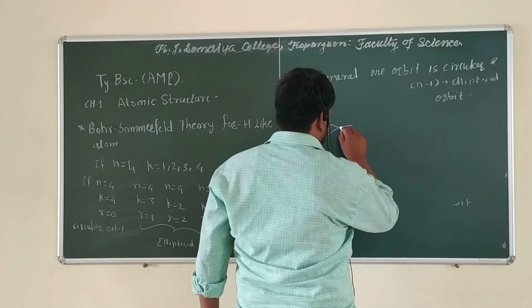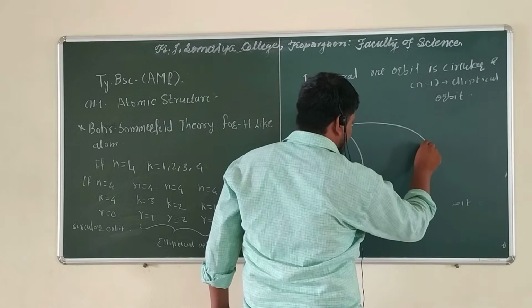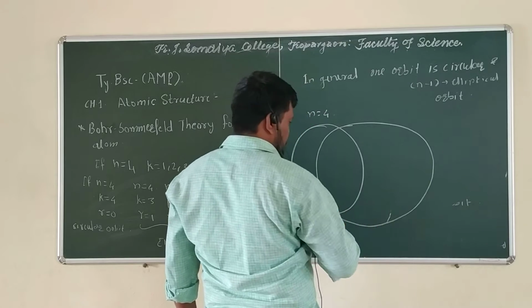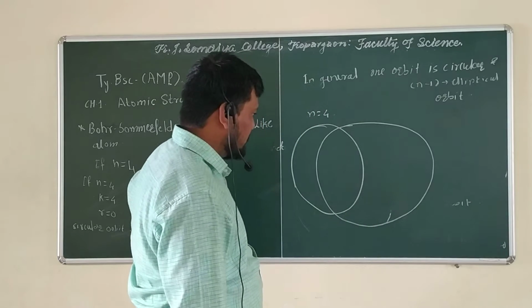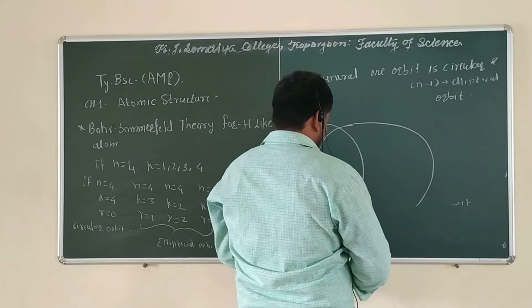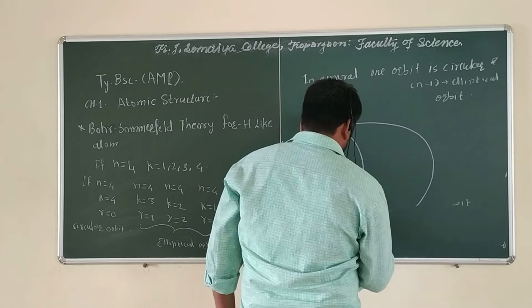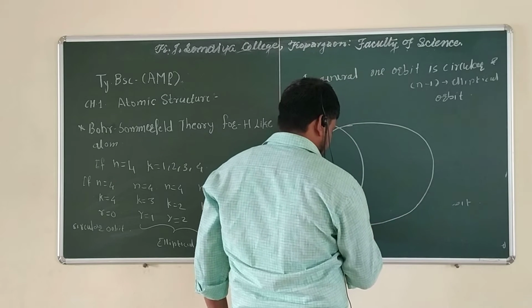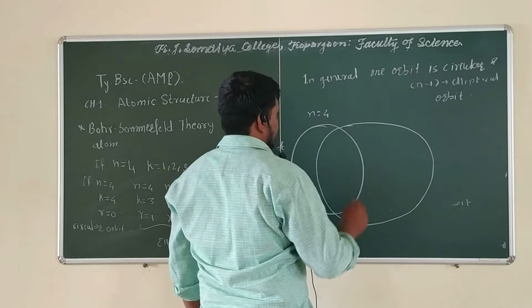This is the flattened part, and we know that the condition of the circular shape is that the semi-major axis is equal to the semi-minor axis, and the condition for the elliptical orbit is n by k, that is, the semi-major axis divided by the semi-minor axis.